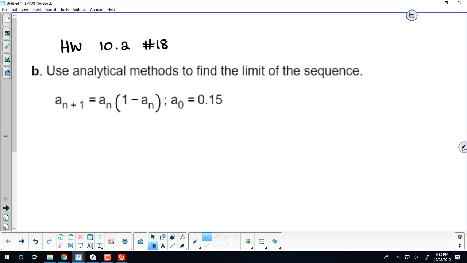So the first term is 0.15. The next term is the previous term times 1 minus the previous term. So let's just try, starting here, we'll assume that we can find a limit as n approaches infinity. Call it whatever you want.